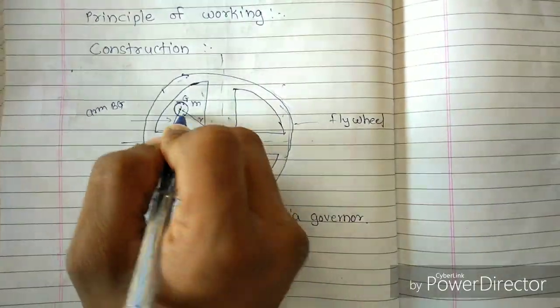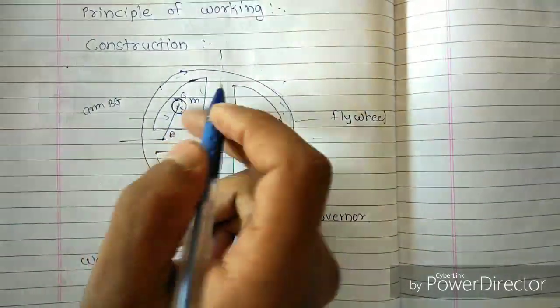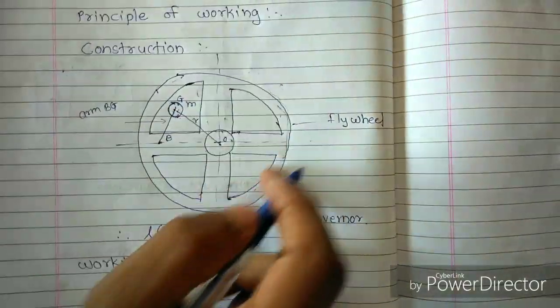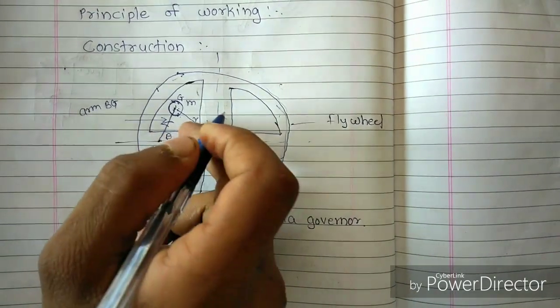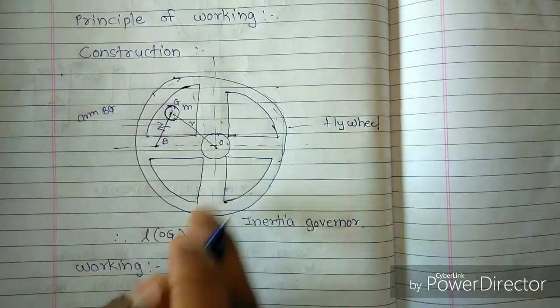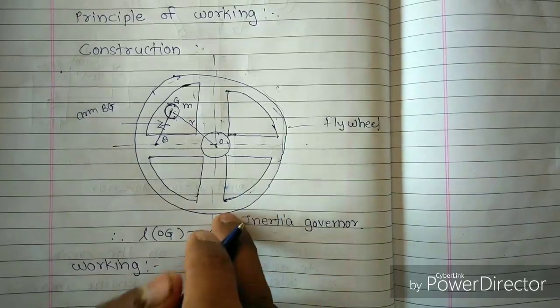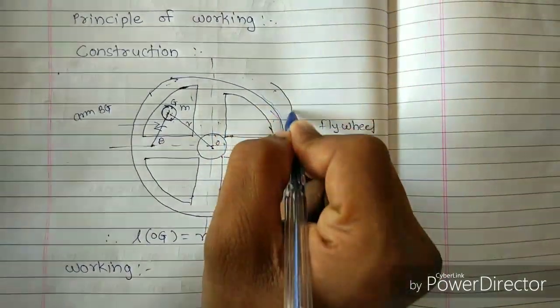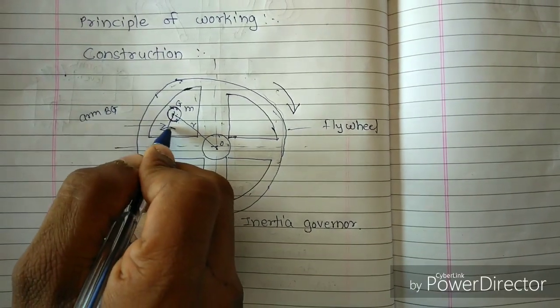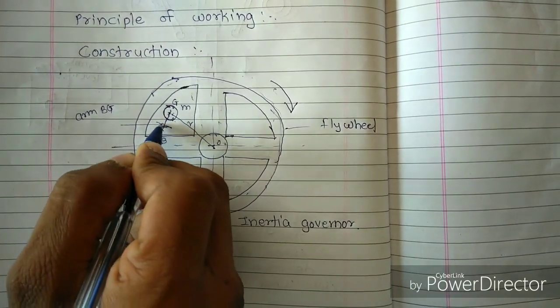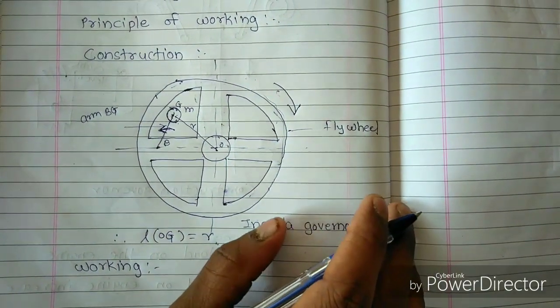But due to the inertia, this body will lag behind this flywheel, and this arm BG rotates in the opposite direction. From this diagram, we see that this flywheel moves in the clockwise direction, and this arm BG rotates in the anti-clockwise direction.